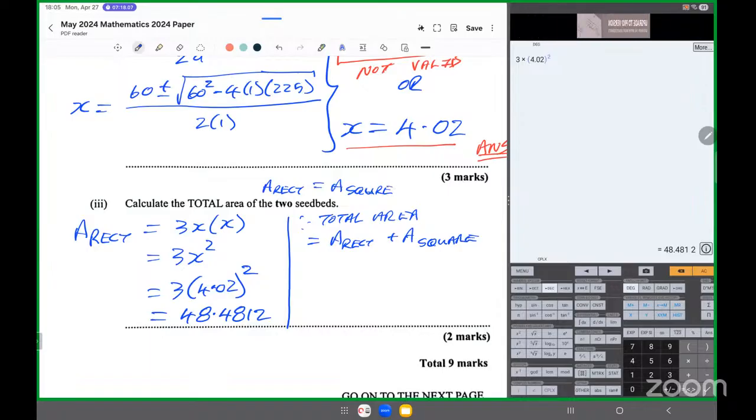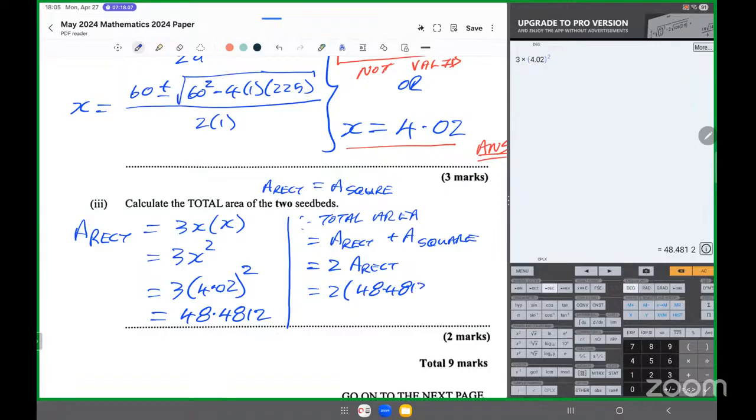So it becomes 2 times the area of the rectangular bed is the total area. So it becomes 2 times this 48.4812. So let's multiply this now by 2 in the calculator, and we get 96.96 meters squared. That is the answer.